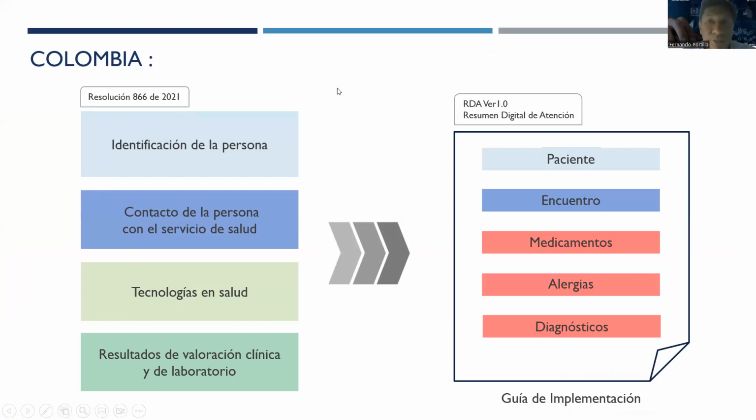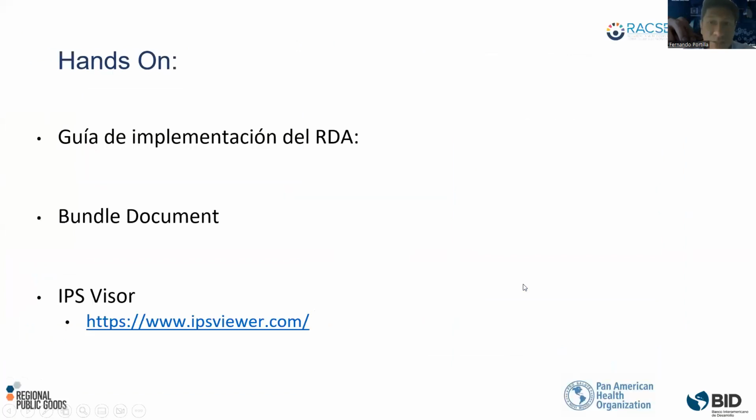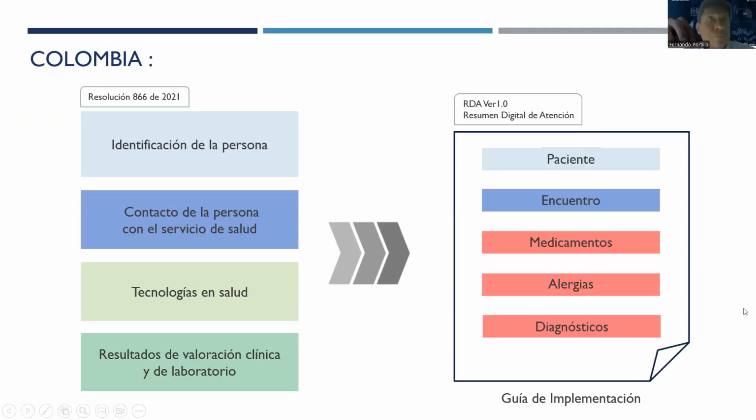And this was now at a regulatory level, but they required then the specification or standardized exchange. So using IPS then, Colombia created the digital care summary. The first version includes all of these sections: patient, medications, allergy, and diagnosis.